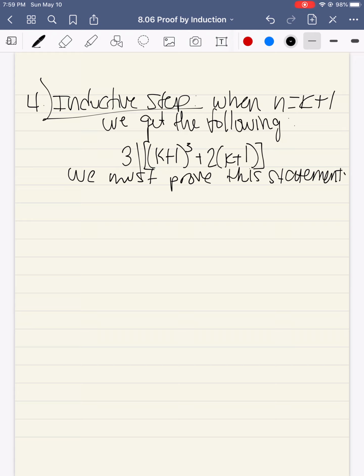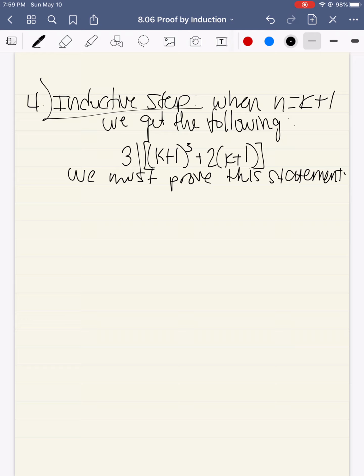So really, the only thing that you need to prove in all of proof by induction is that you need to prove the base case, and then you need to prove the inductive step. The middle two, there are no proofs. You're just letting a variable exist, and you are assuming a statement is true. So there are really only 2 little proofs that you have to do in here. So we must prove this statement.